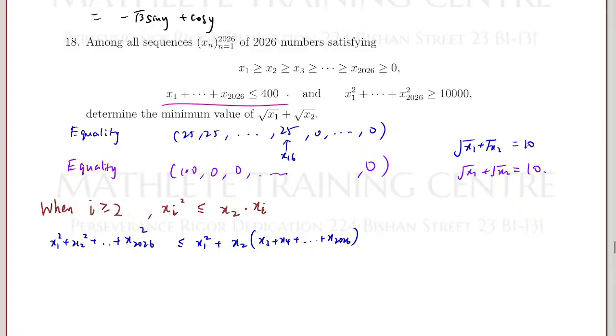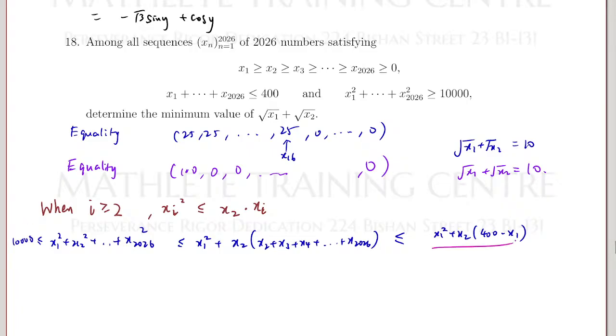But then now, because of this condition here, right? Oh wait, sorry, I forgot something. I forgot x2 times x2. Right, I got the x2 times x3 inside, but I forgot the x2 times x2. And then this guy here, I can now replace by something that is at most 400 minus x1, right? So now I know that this is at least going to be 10,000. So we have directly some condition with this 10,000 behind.